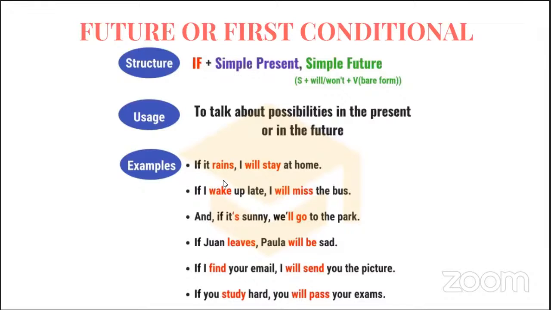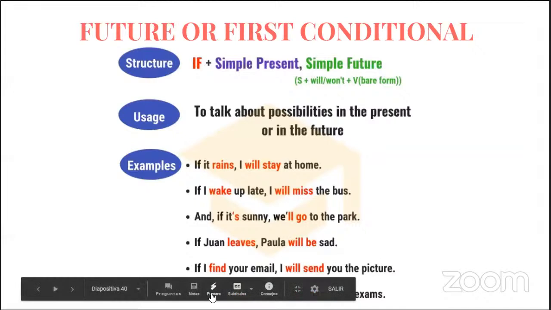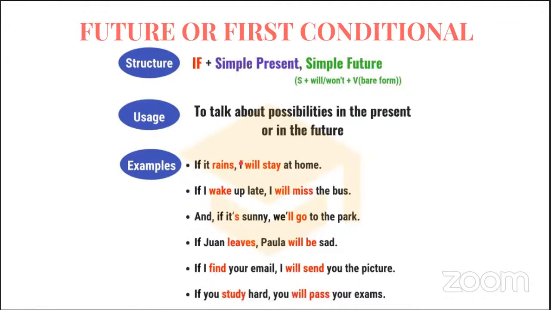For example, if it rains, I will stay at home. As you can see, the first clause has the simple present here, rains, it rains. And the future simple, will stay. The next example, if I wake up late, I will miss the bus. Simple present, wake up.